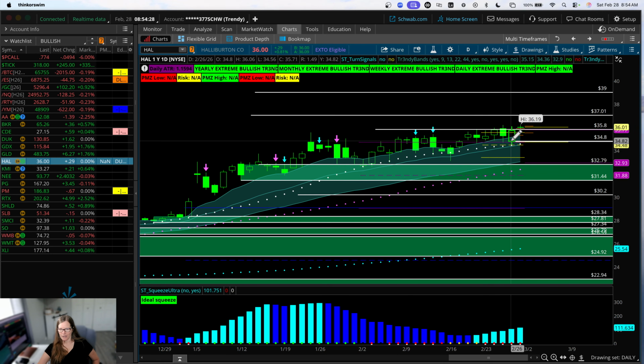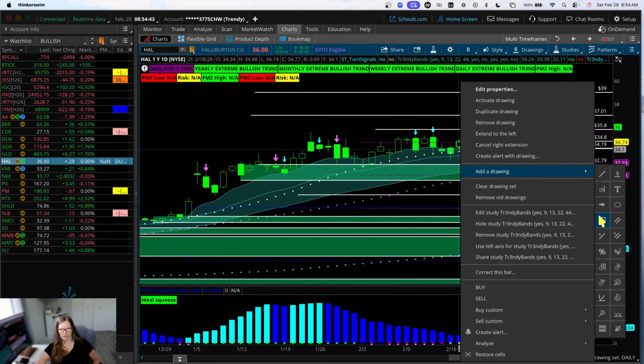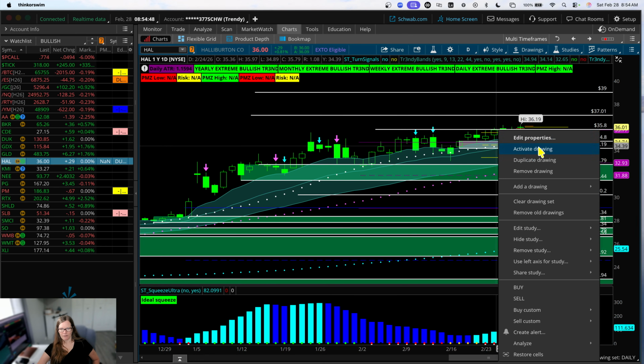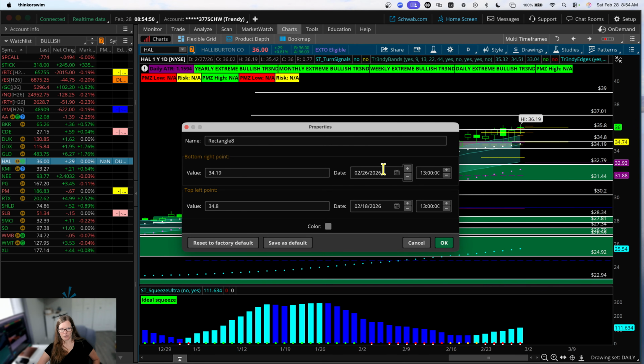It did create some demand here at the lower weekly edge right here. As far as where I would set my stop, if I was using this very tight zone on Halliburton, it would be right here. Otherwise, I would wait for that nice green buy zone down below.